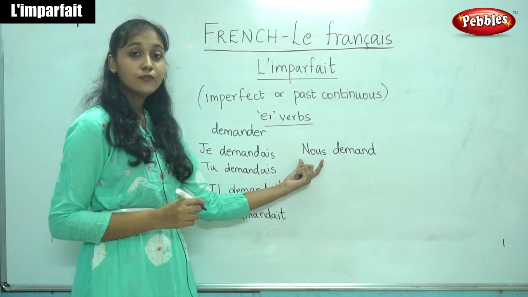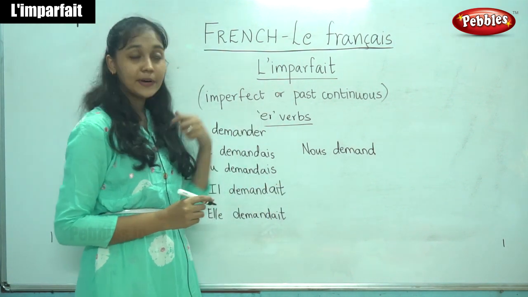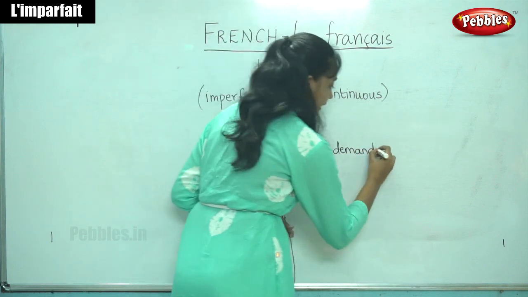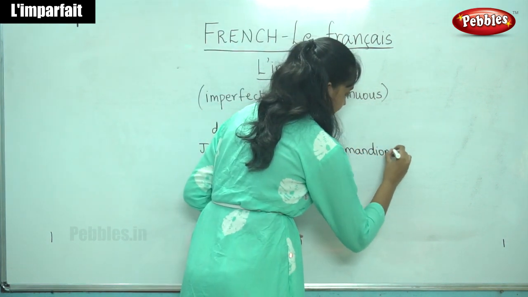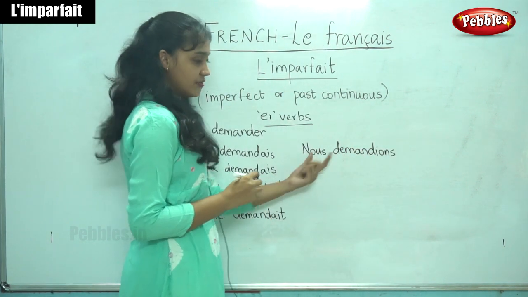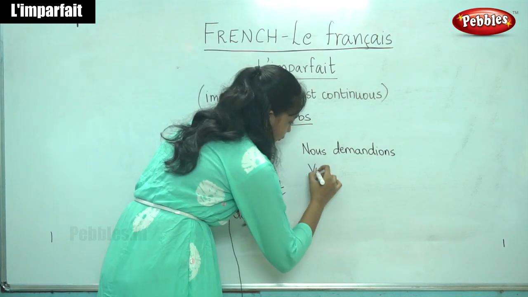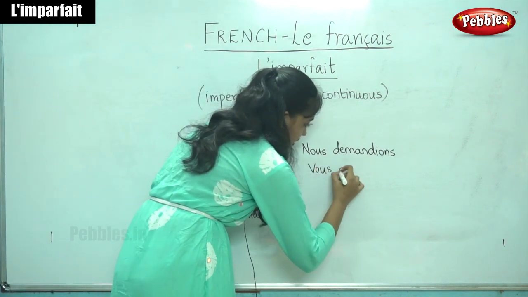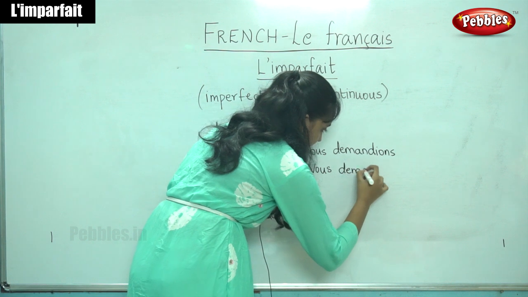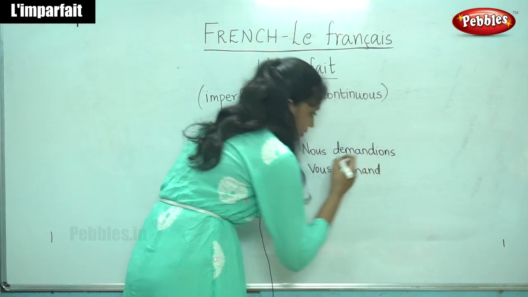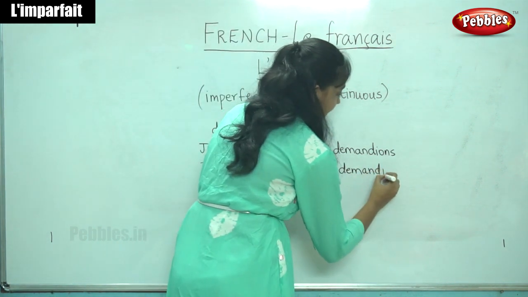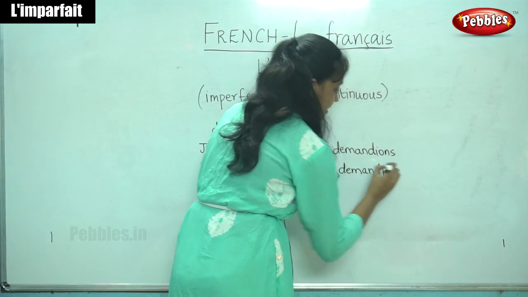What is the ending for nous in imperfect? It is IONS. So very simple. Next, for vous, we write the stem followed by the ending IEZ.